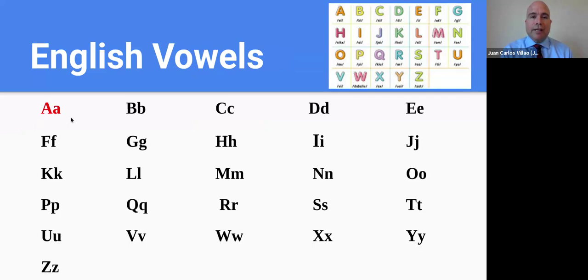A, E, I, O, U. So you have A, E, I, O, U, known as the vowels.